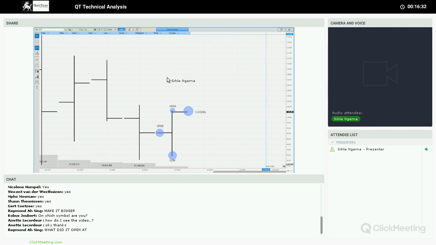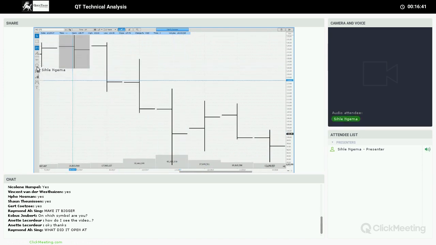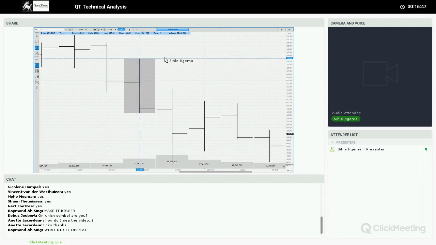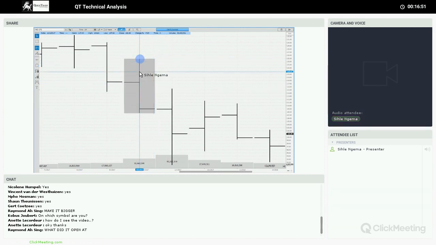So if I can backtrack on the chart here, I will identify a bar where the share price actually came down. On this particular candlestick here, I have a highest price reached there. This was the month of, what's this? It's the 1st of October 2017.